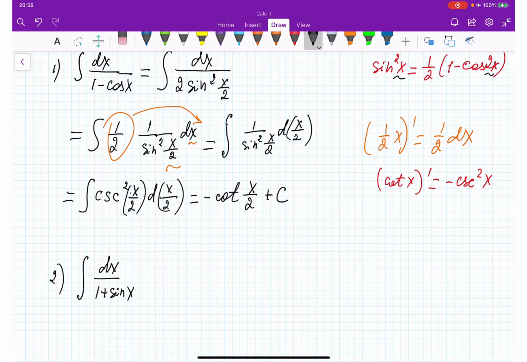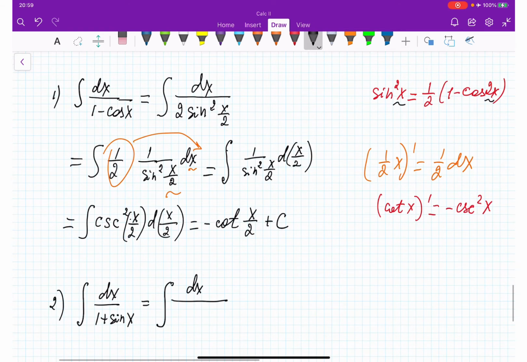All right. This is equal to dx. Because I don't have a formula for 1 plus sine x, and here I have sine squared x equal to 1/2 (1 minus cosine 2x), right?